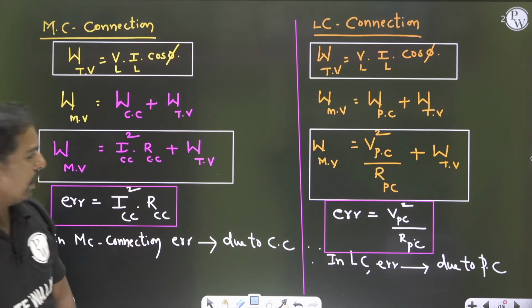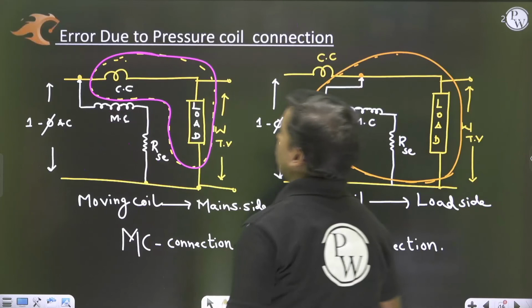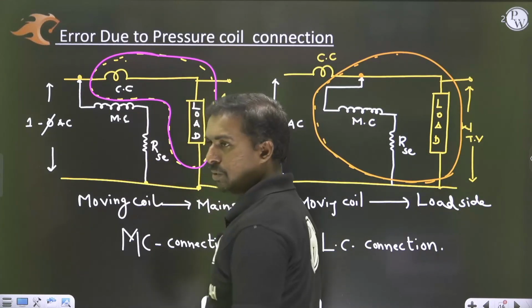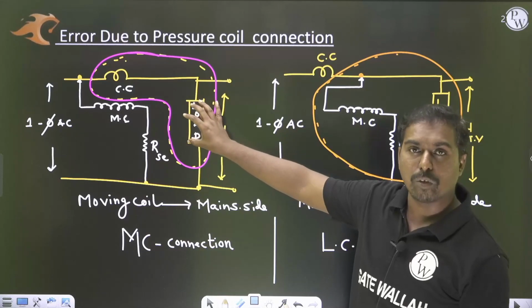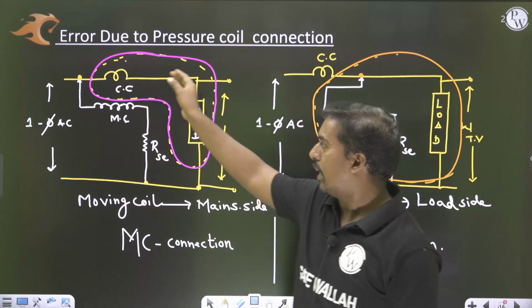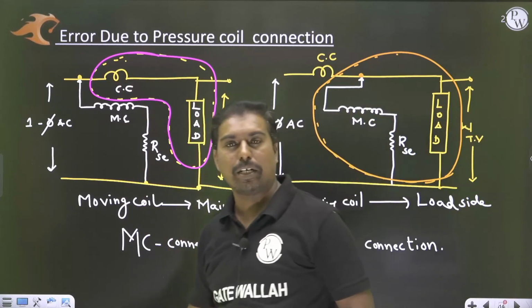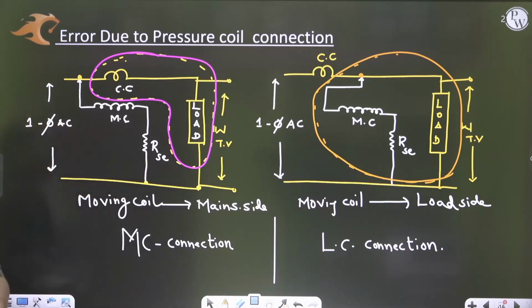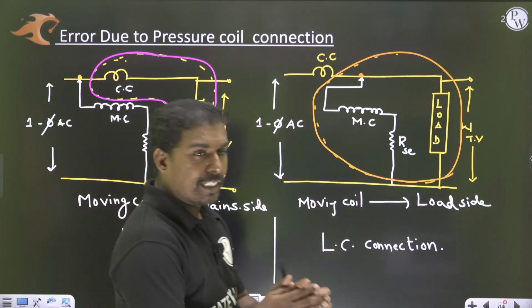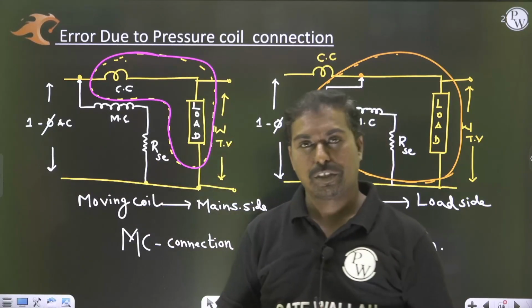That means it should be a high load. When there is a high load, the current passing through the current coil will definitely be less. Small current is possible at high loads.